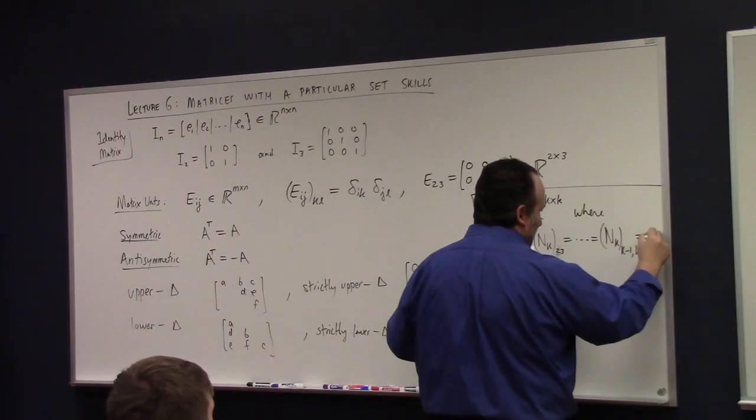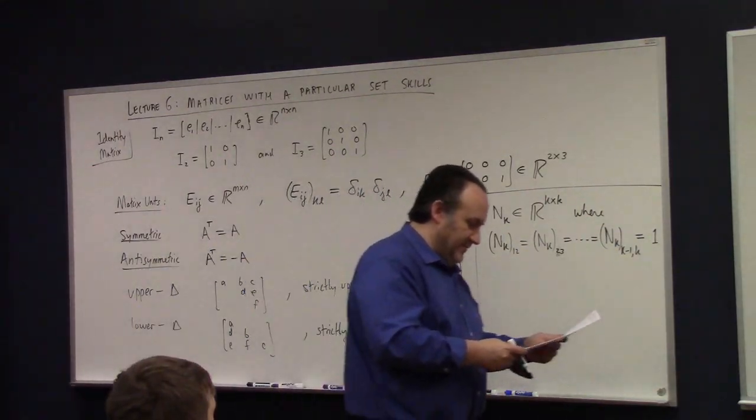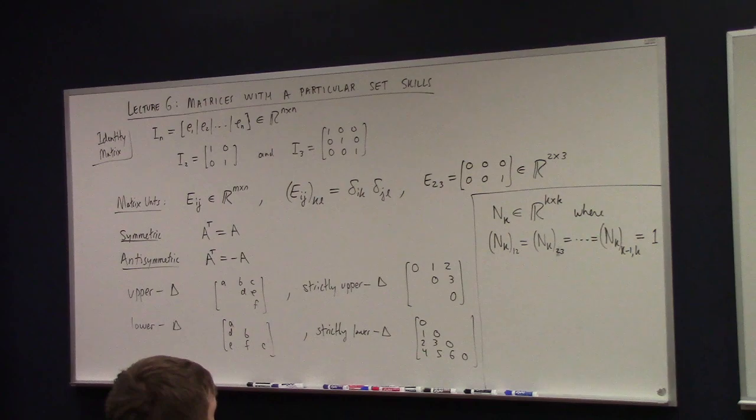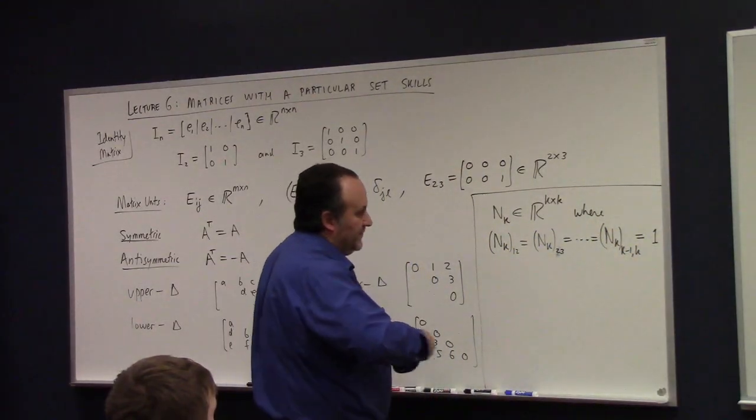And these are all 1. This is a really important example matrix. It's got really neat properties, and it's nice to have a standard notation for.